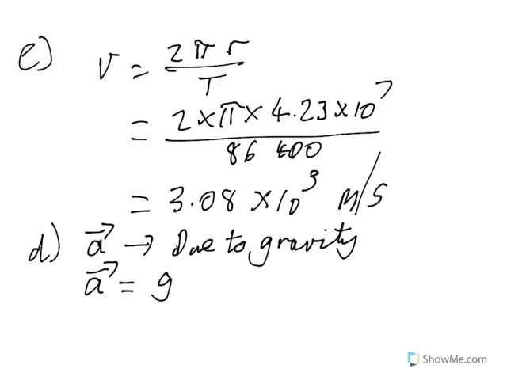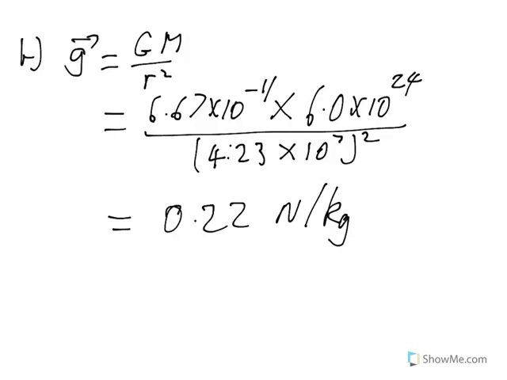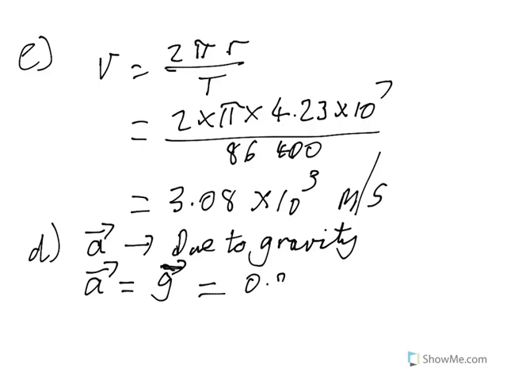So a is equal to g then, which is equal to, if we go back to part B, 0.22, and you just need to put the right acceleration units, metres per second squared. So we can use circular motion stuff to help us with our satellites.